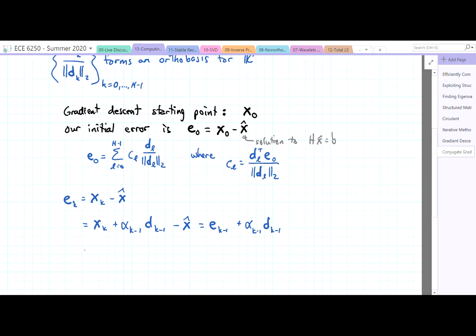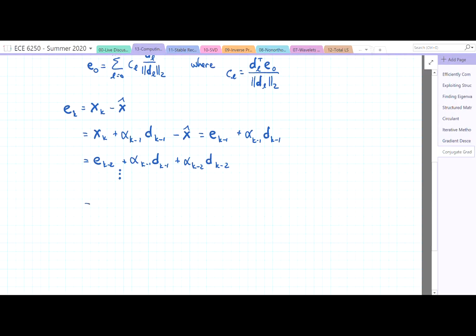And we can keep doing that. It's equal to e k minus 2 plus alpha k minus 1 d k minus 1 plus alpha k minus 2 d k minus 2, and so on, until we finally get down to the expression e0 plus the sum from l equals 0 to k minus 1 of alpha l dl.